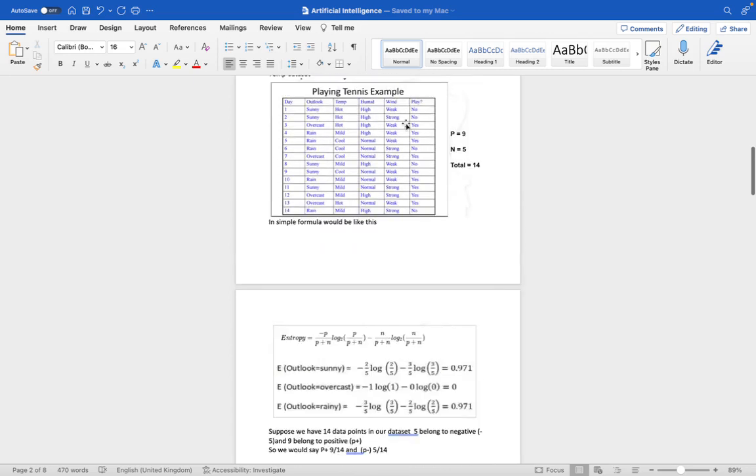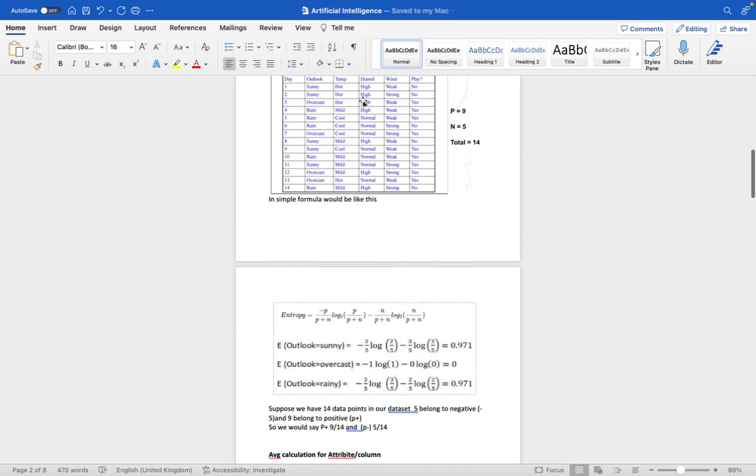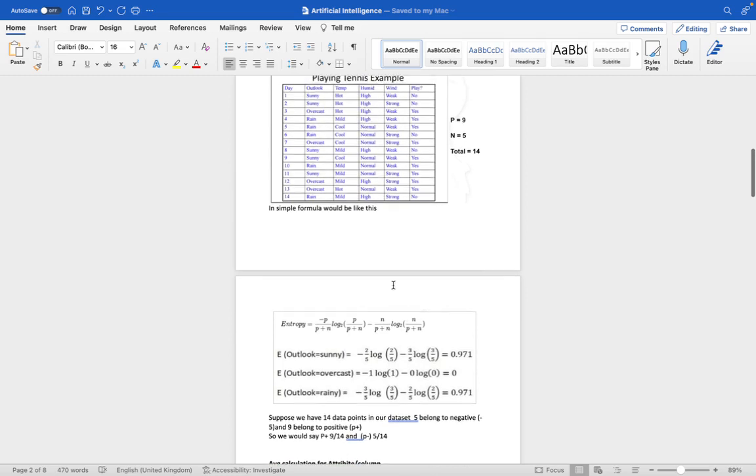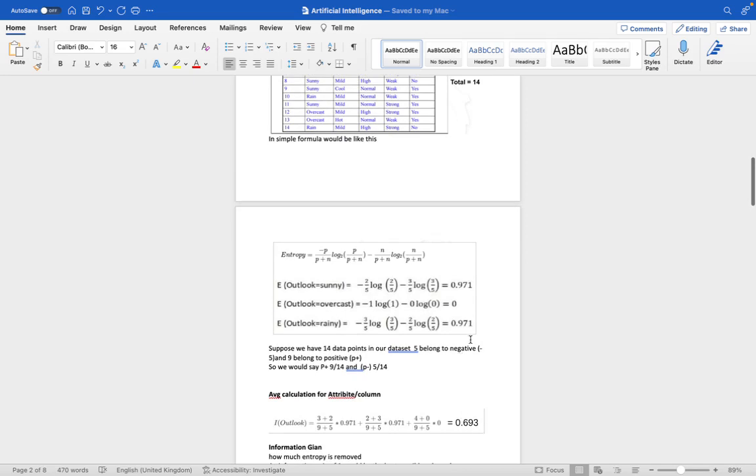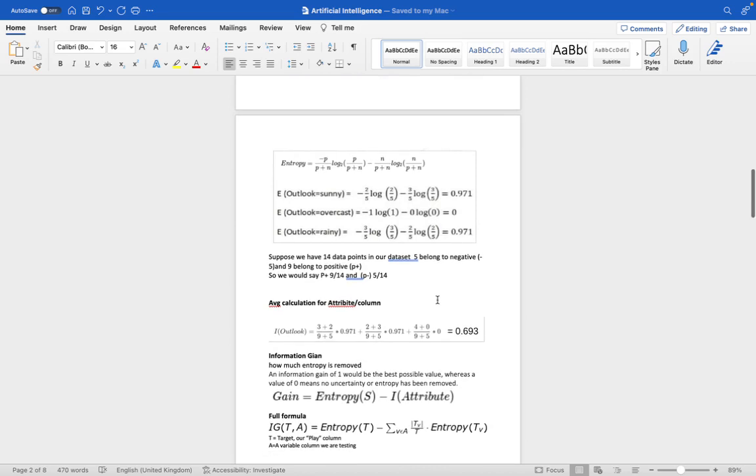And in the case of humidity, the same formula, the same values for high and normal, the positive and negative, all that stuff. So at the end, you will find an average calculation for every attribute, and then decide which attribute should be our parent attribute.